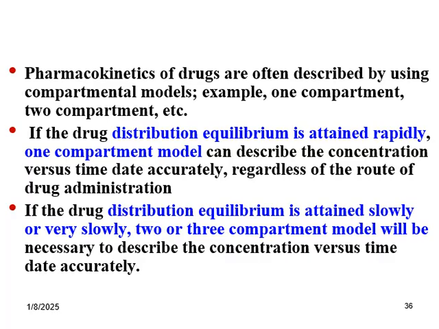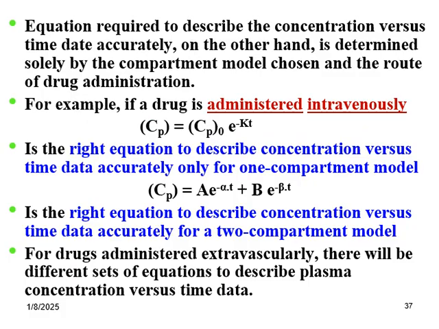When you try to develop or apply PK models, actually equations are required to describe the concentration versus time data accurately. You need equations, very accurate equations you have to use. And the equation required to use is determined solely by the compartment model chosen and the route of drug administration.